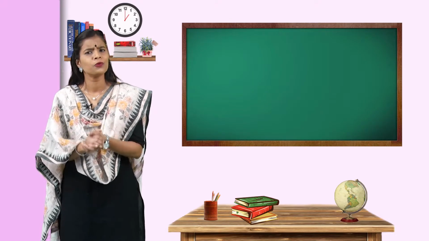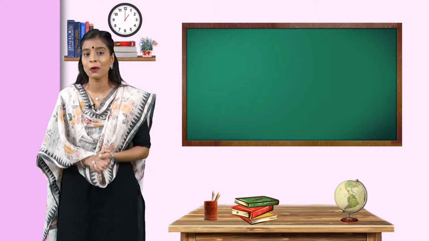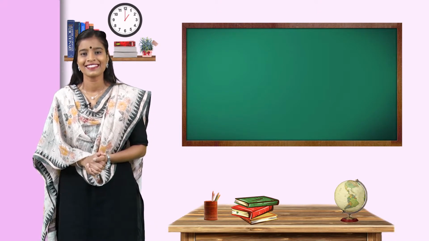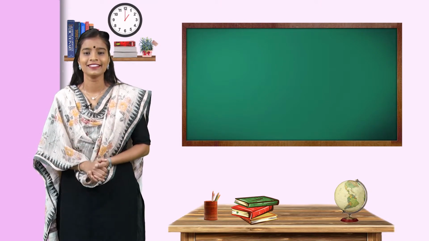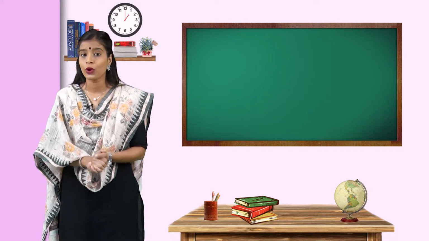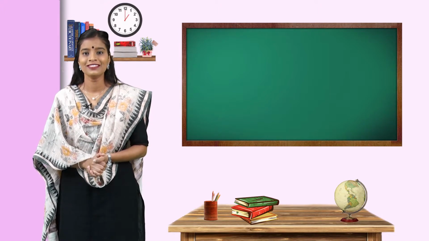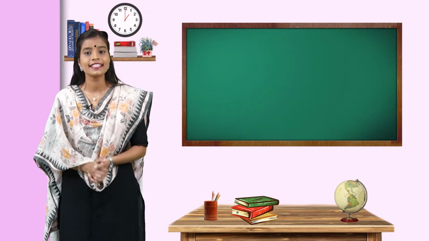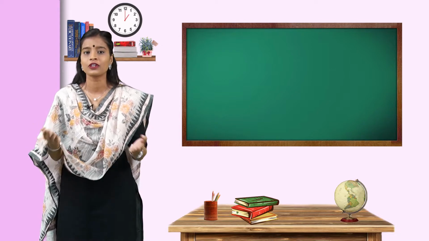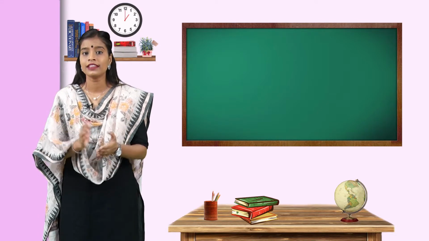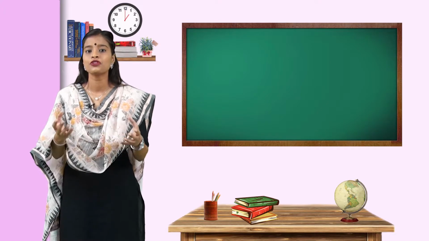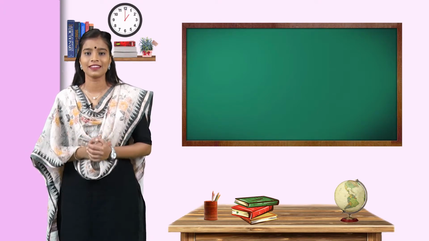Alright, were you able to guess who was in this image? Yes, it was a lawyer. Do you know what does a lawyer do? A lawyer is the officer of the court. When there is a dispute, the lawyer tries to win the case for the person.